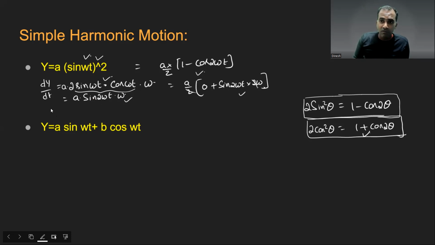But what do we want? We want the relation between acceleration and displacement. So d square y by dt square. This is velocity and this is acceleration, which is a into omega, that is constants, sine differentiation is cos 2 omega t into minus 2 omega.